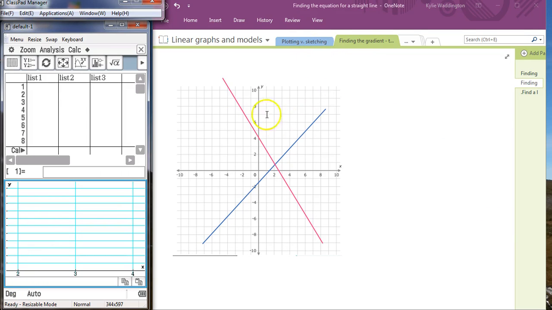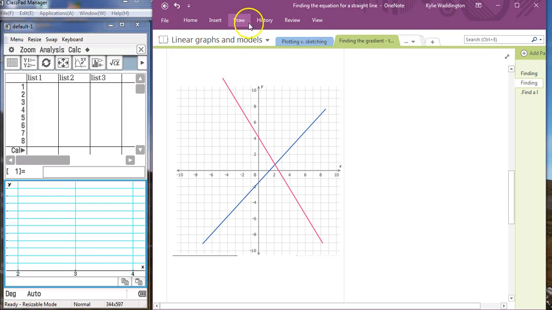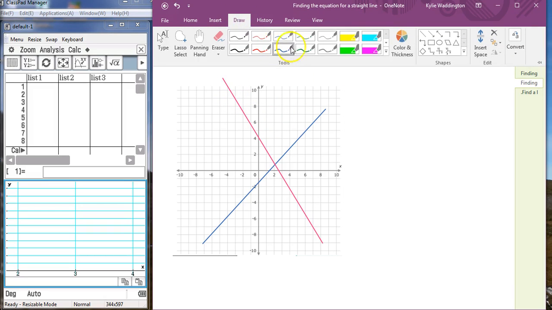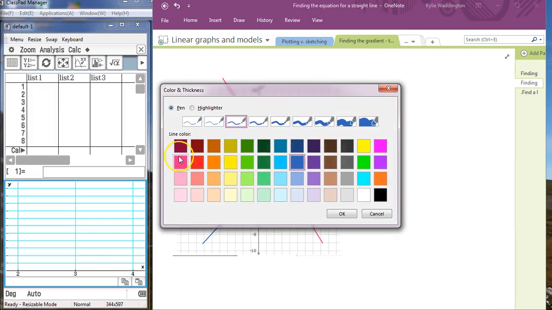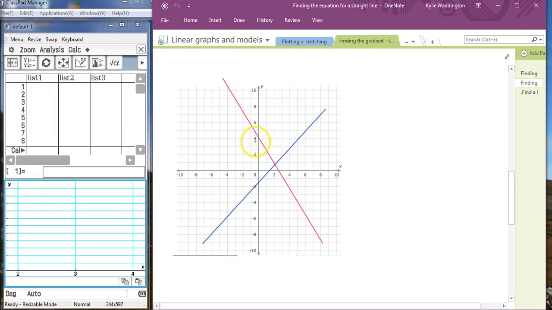Okay, so again, we're going to do the pink one first. I'll do it in pink just so we know that we are drawing in pink. We need to pick 2 points on the line. It doesn't matter what 2 points we pick.